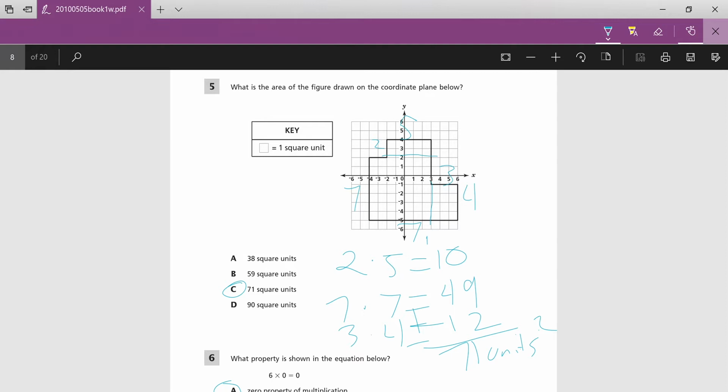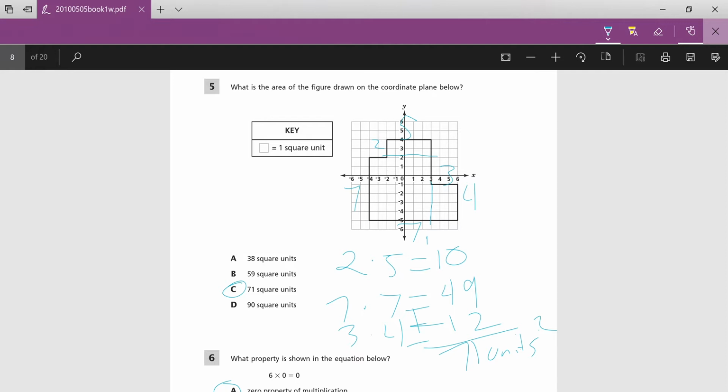Okay, so sorry about that, my mic cut out, but basically what you would do for any type of problem like this where you need to find the area and they give you 1 square unit, you can count all the boxes inside this shape because it's not a normal shape, or what you can do is divide them up into different rectangles or shapes that you know how to calculate the area for.